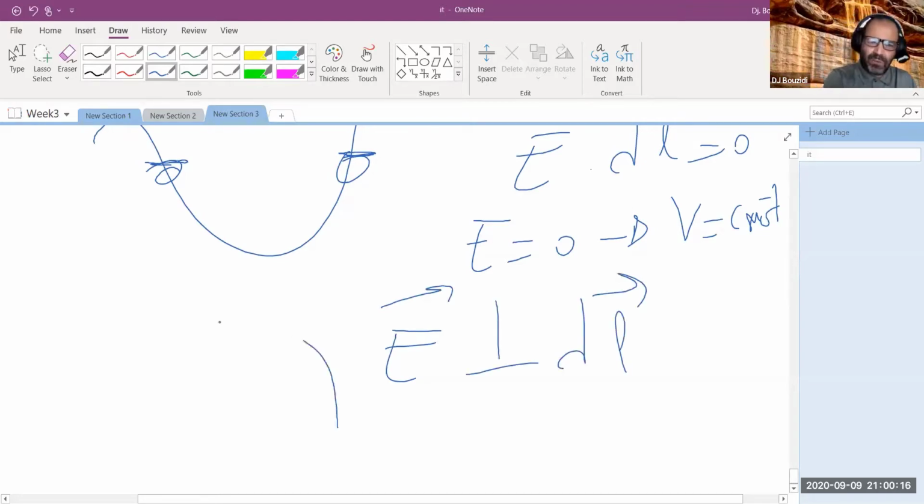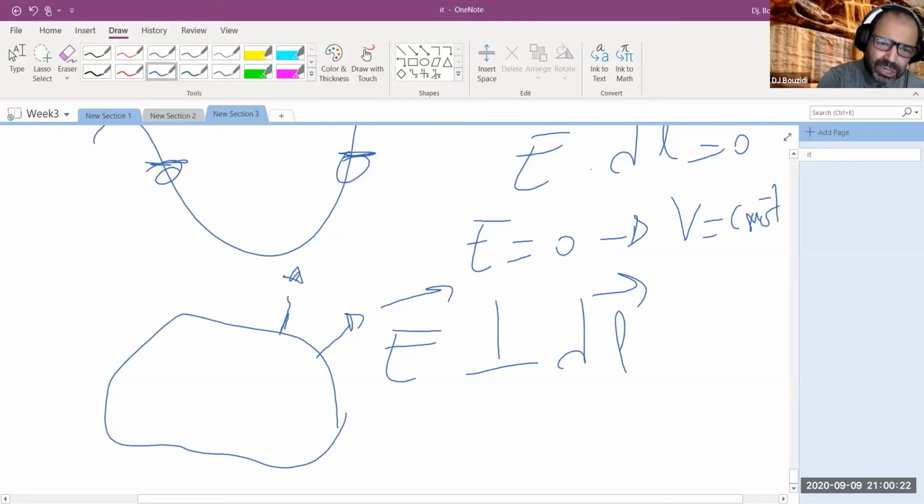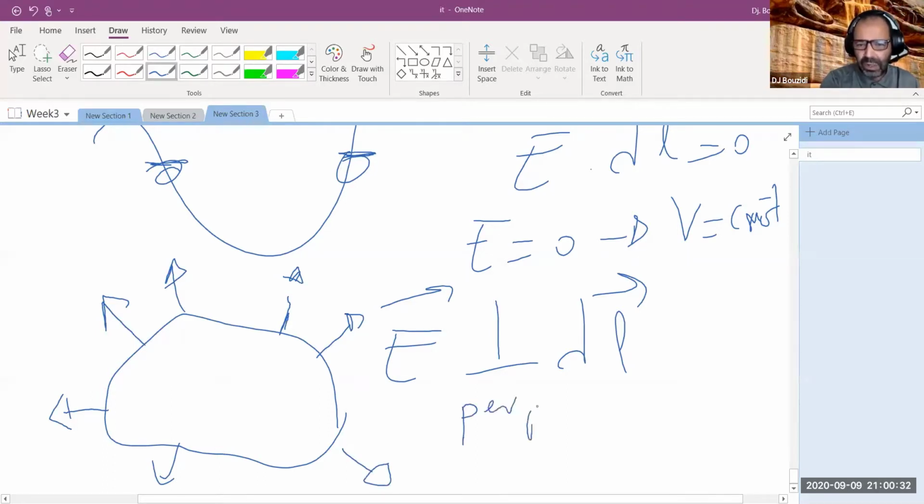If I find this surface, for example, as an equipotential, then the electric field everywhere on the equipotential must be perpendicular to it. That is a very, very important consequence: the electric field is perpendicular to the equipotential surface.